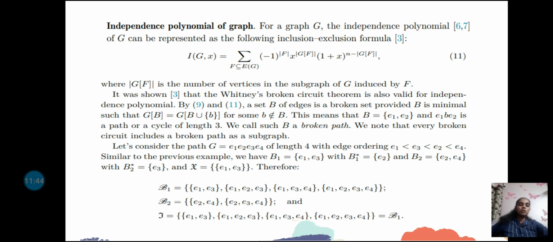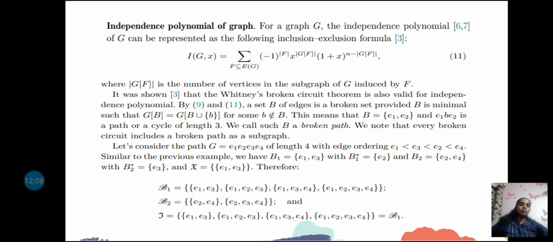Dependence polynomial of a graph. For a graph G, the dependence polynomial of G can be represented as the following inclusion-exclusion formula, where G[F] is the number of vertices in the subgraph of G induced by F. It was shown that the Whitney broken circuit theorem is also valid for the dependence polynomial by 9 and 11.